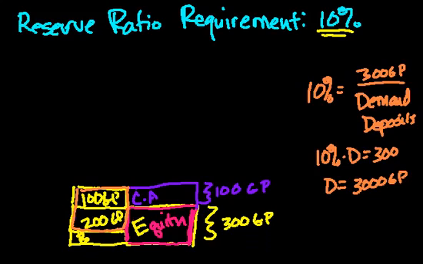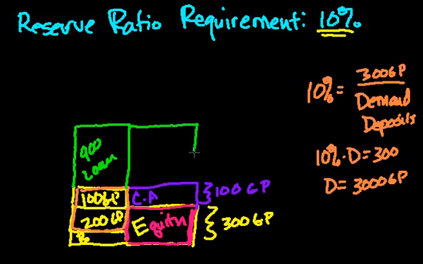So let me start making loans out. Someone has a project where, say, they need 900 gold pieces to build a factory of some kind. I say, sure, here you go, 900 gold pieces. I'll draw it a little bit less high than it should be if it were proportional. So 900 loan. And I don't hand that person gold, I just give them a checking account.